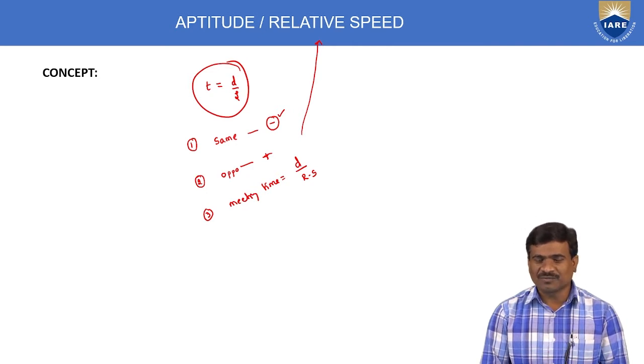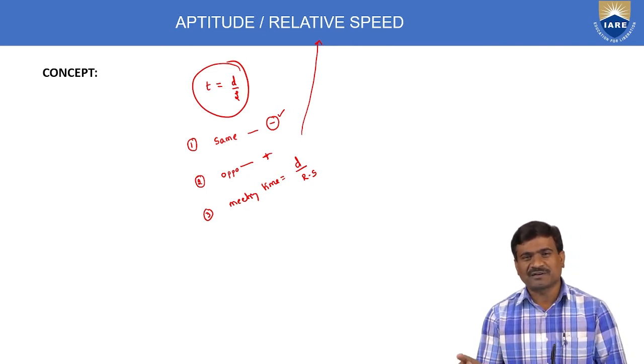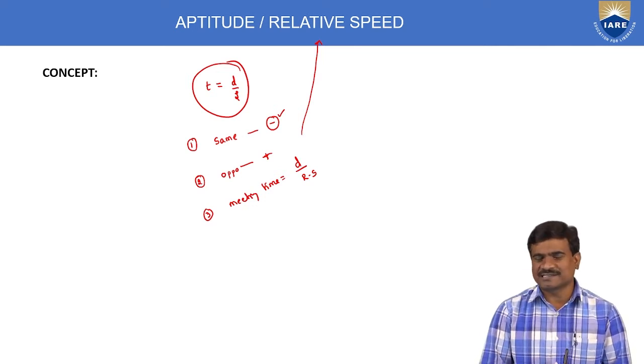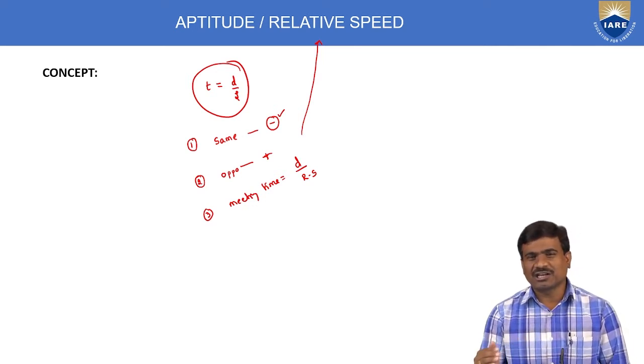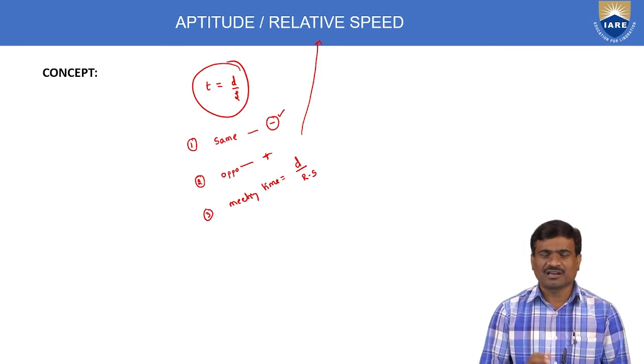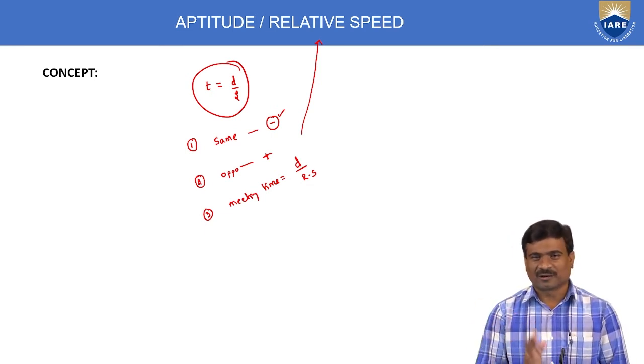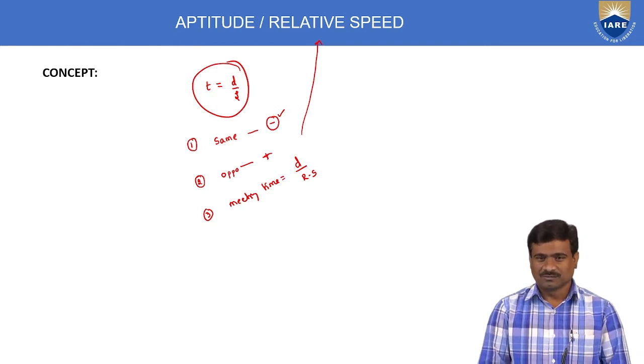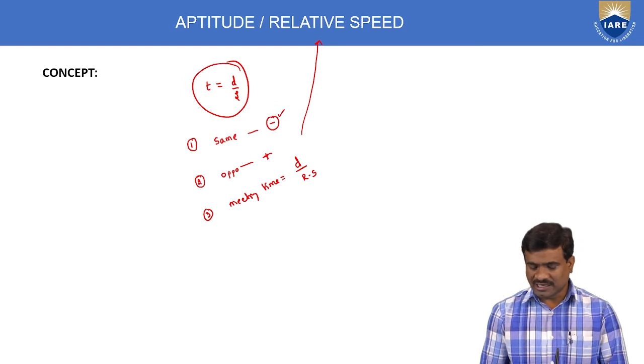And for time: if speed is in meters per second, time is converted into seconds. If speed is in kilometers per hour, time is converted into hours. These three notations are also important in the relative speed concept. Next, examples.